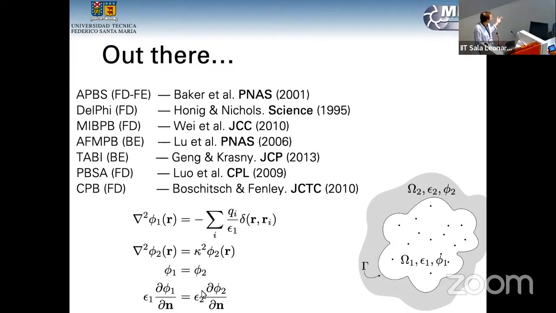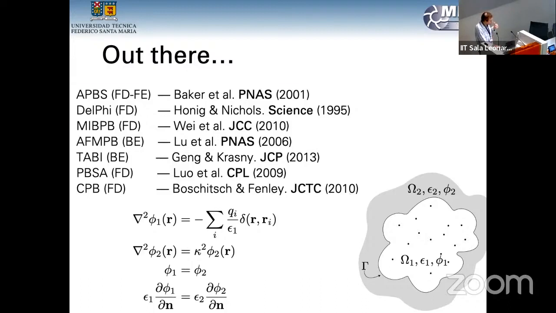So this is, of course, not new, and here is a very small subset of the number of software packages out there that can solve this, and a few of the developers of these software are present in the room. You can find codes from finite difference to finite elements to boundary elements and whatnot.